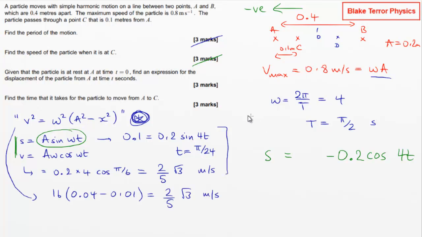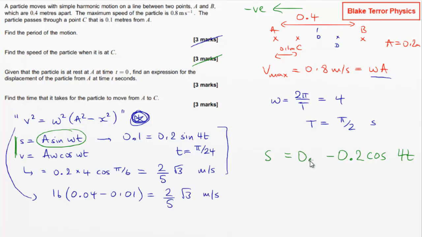Now we want to get this displacement relative to A, not to O. So we need to do a shift, a translation in the x direction, and we're moving in the negative direction. So if we're going to translate in the negative direction, we need to add it on.